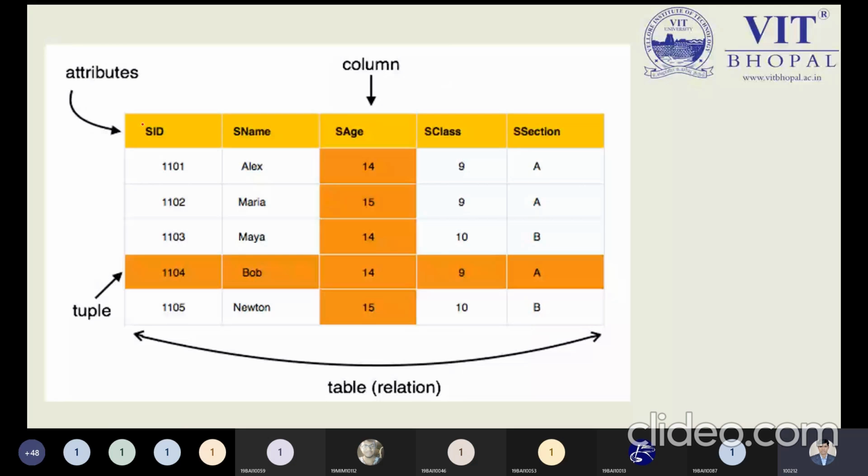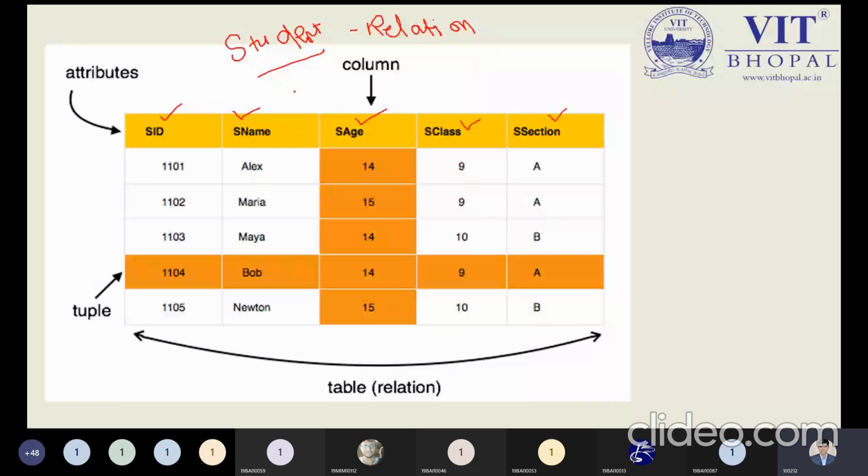So sid is an attribute of the table, and the table name is student. In this student relation, the various attributes are student ID, student name, student age, student class, student section. These are also known as the columns, or the fields.